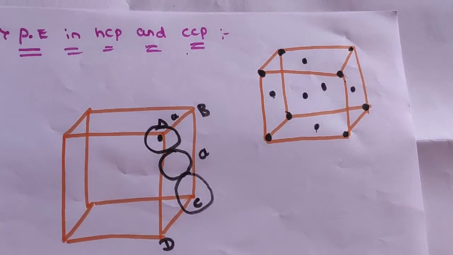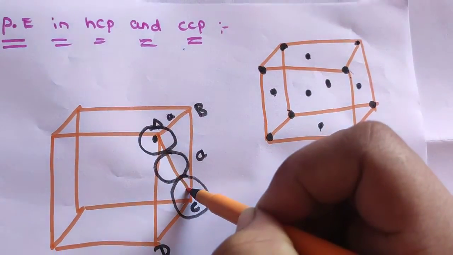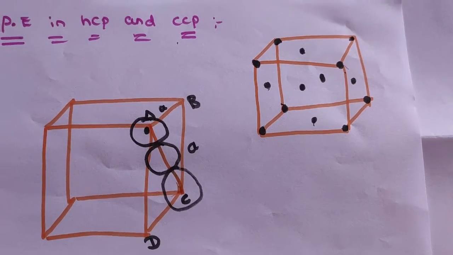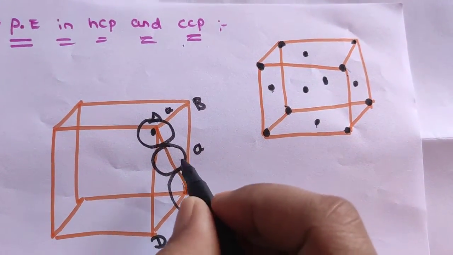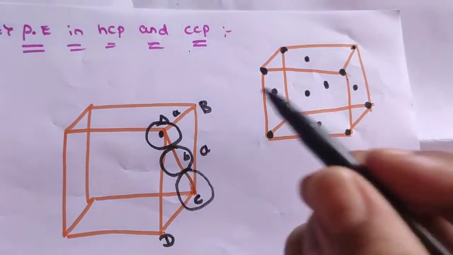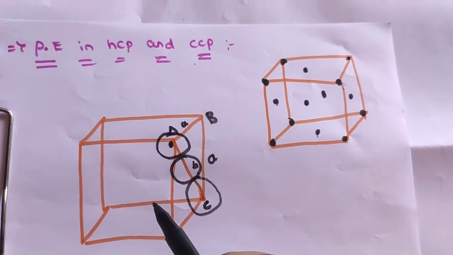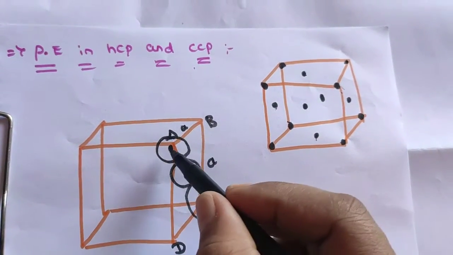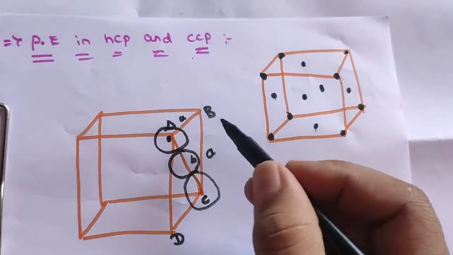If I draw a line along these, like this, this diagonal I am going to consider as B. Now just observe what happens in angle ABC.